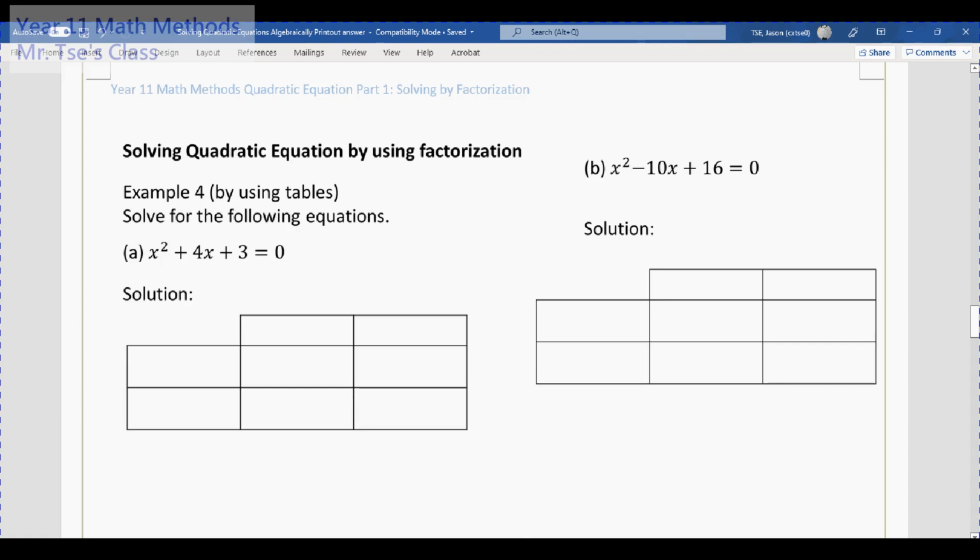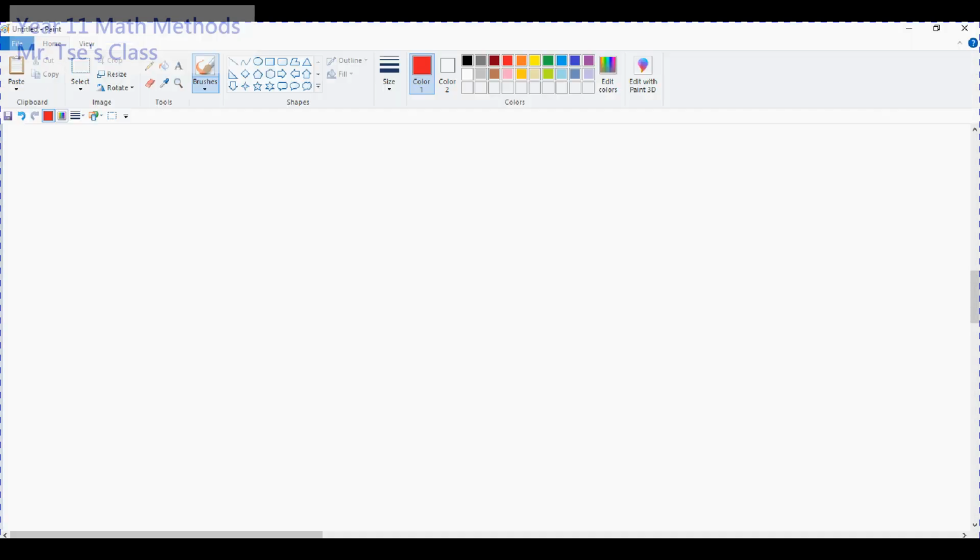If you are very comfortable with the method you used in year 10, then that's okay with me. As long as you got the answer, there won't be any problem with me. But I just try to introduce to you, or for some of you just refresh, what we mean by factorization by using tables for quadratic equations.